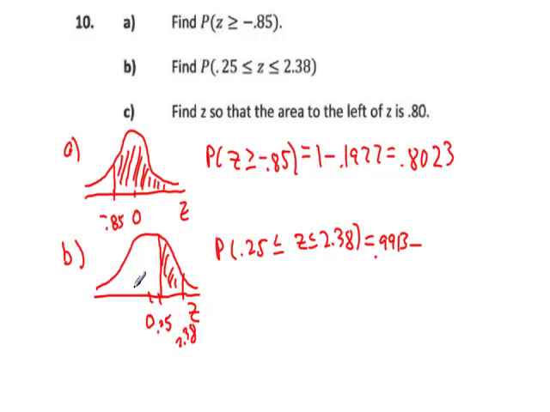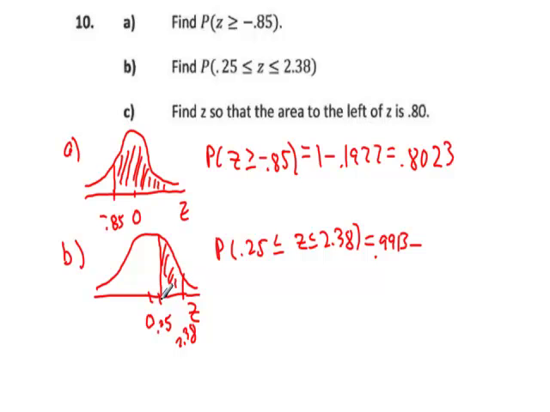And we don't want all of that area. We want to subtract off some. So we don't subtract off 0.25. We have to look up the 0.25, and that's what we subtract off. And that will leave us with the area that's in between, which is just what we want.